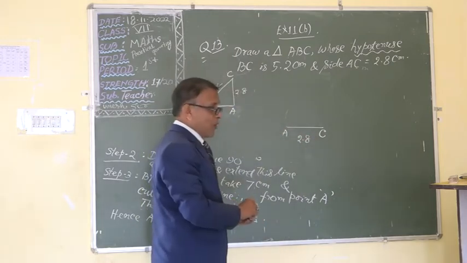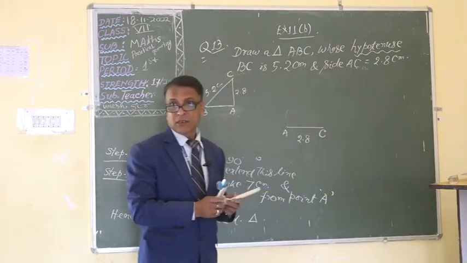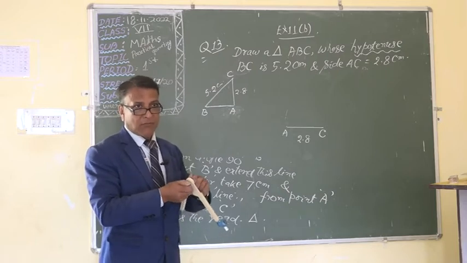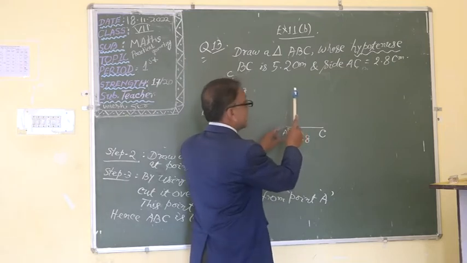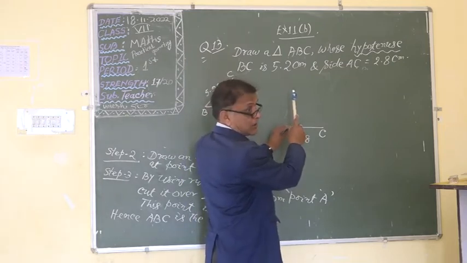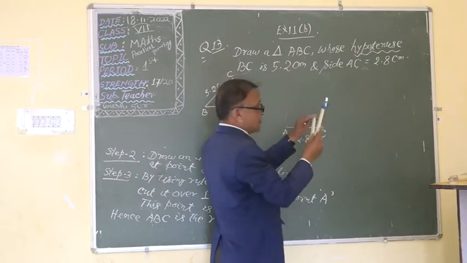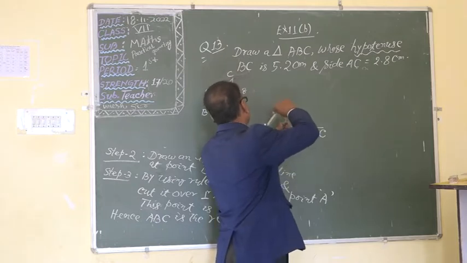Now, at point A, you will draw 90 degree. Simran, at point A, you draw 90 degree. Look here. So you take any suitable length, draw one semicircle.